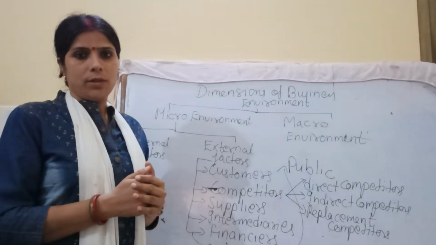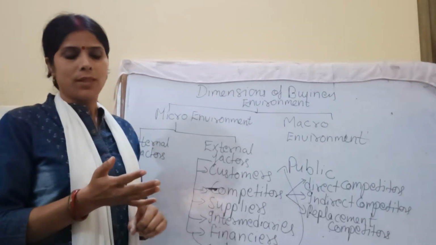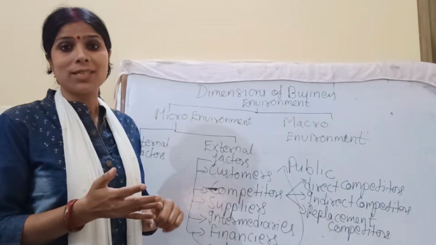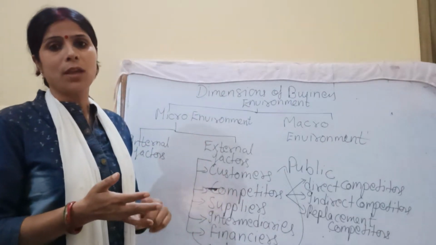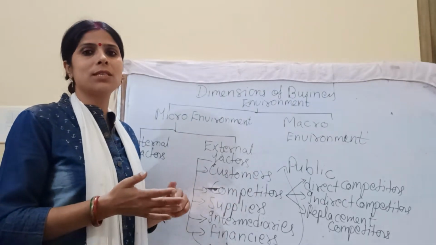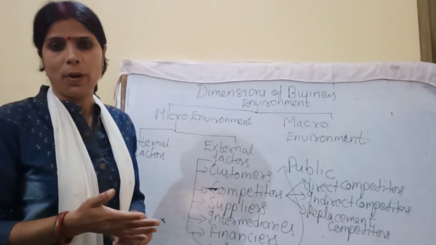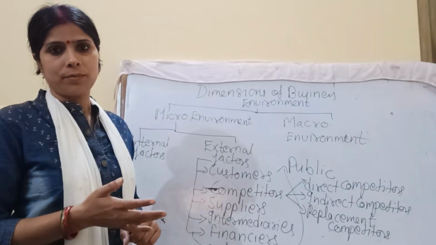Now, the suppliers have to supply the raw materials in time to the business concerns. If the raw materials don't reach the production department in time, that is going to hamper production.